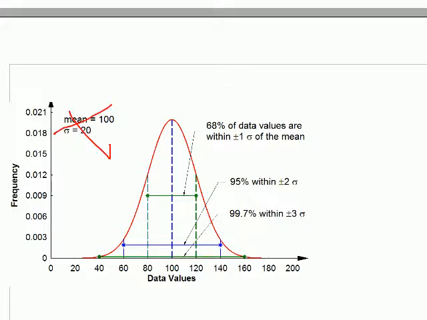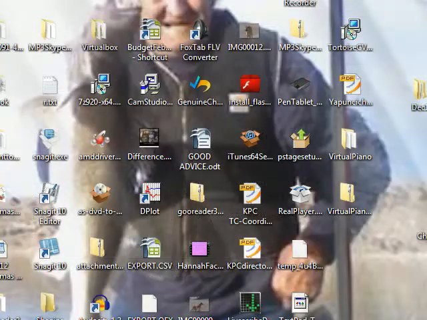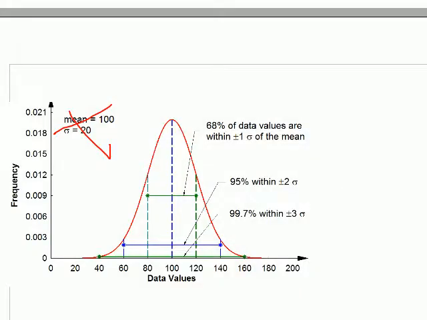What I've done is moved, here's the mean right in the middle. This point, this green line, is the mean. I'll call it mu plus 1 sigma. Over here it's the mean minus 1 sigma. This point is the mean plus 2 sigma, and this point over here, the 60, is the mean minus 2 sigma.